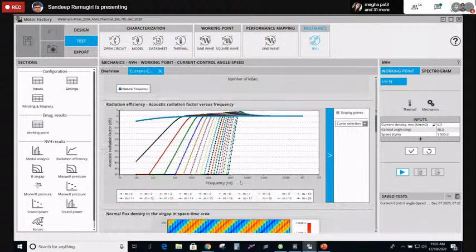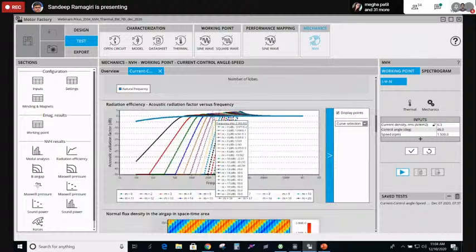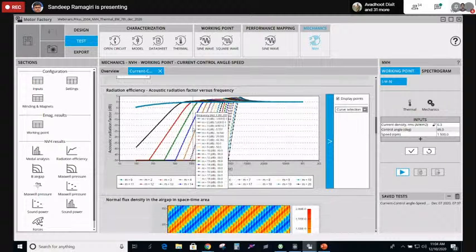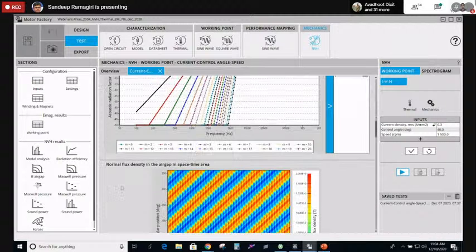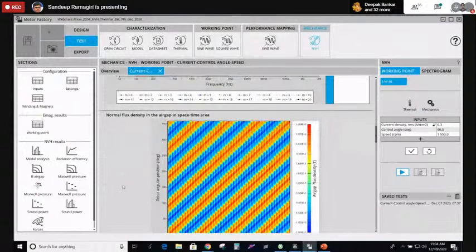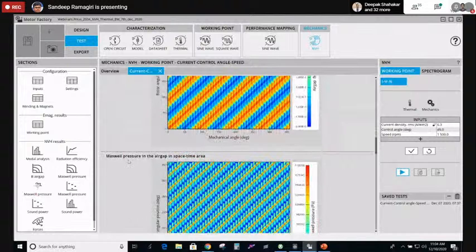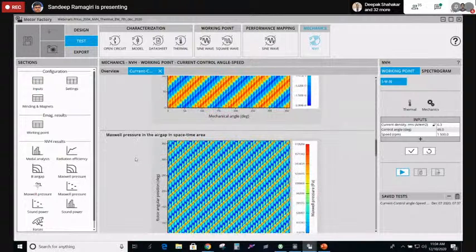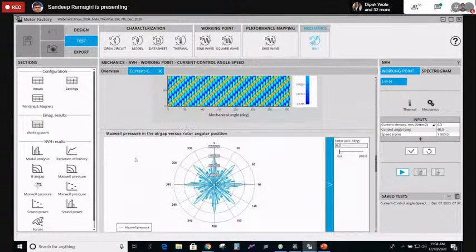Okay, so you can see the radiation efficiency, and then we can also have the normal flux density in the air gap and the corresponding Maxwell pressure in the air gap, in the space and time domain.